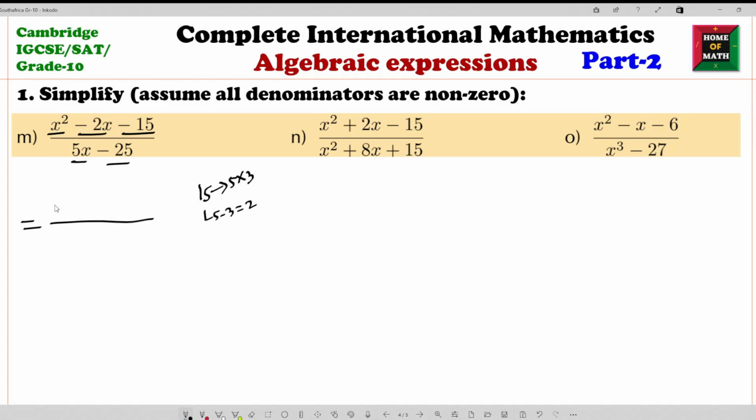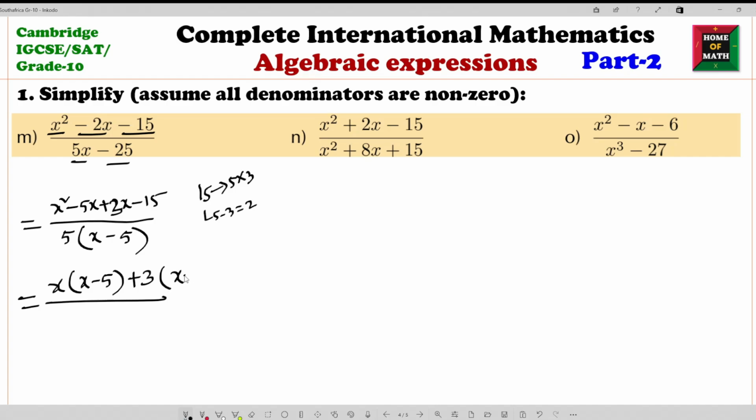So we can write it like this: x square minus 5x plus 3x minus 15. Then here we take common x, so x minus 5, plus 3 common, again x minus 5, divided by 5 times x minus 5.